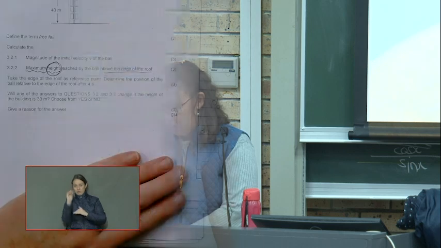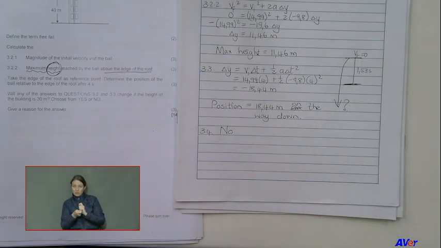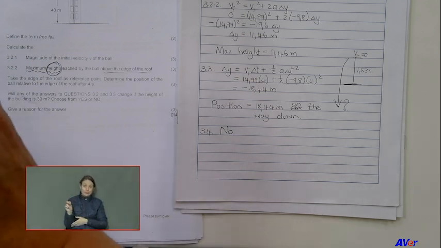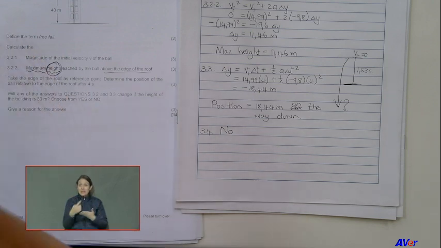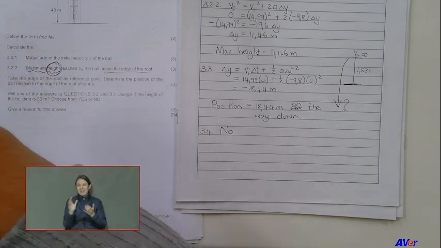Okay, 3.4, will any of the answers to question 3.2 and 3.3 change if the height of the building is now only 30 meters instead of 40? The answer will be no. Okay, but now it counts 3 marks, so I can't just write no. Boys and girls, in science, if they ask yes or no, and you don't know, you must write no. The answer will be no. And the chance that something will stay the same is not good.